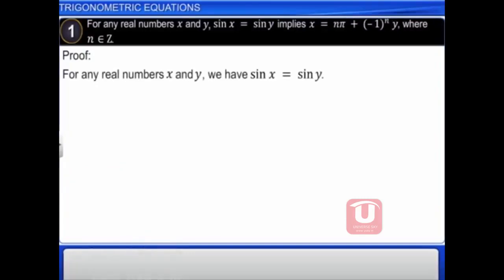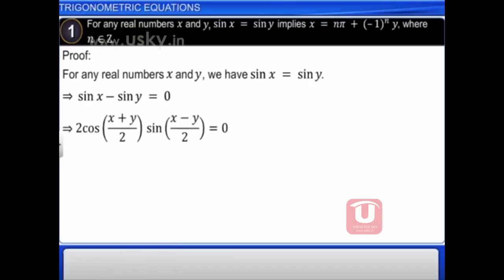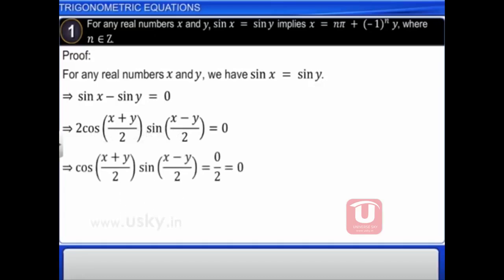For any real numbers x and y, we have sin x is equal to sin y. This implies sin x minus sin y is equal to 0. Now, sin x minus sin y is equal to 2 cos of x plus y by 2 into sin of x minus y by 2. That is, the product of cos of x plus y by 2 and sin of x minus y by 2 is 0.